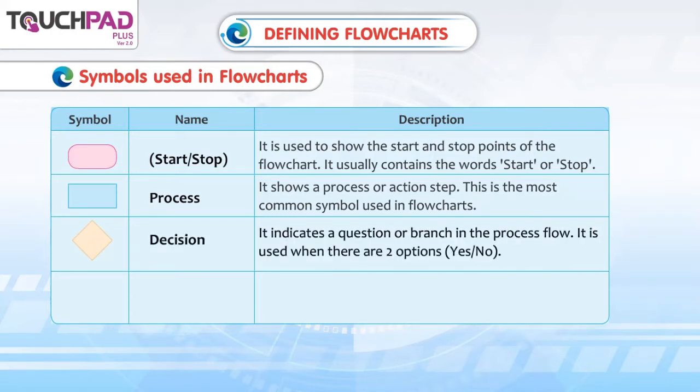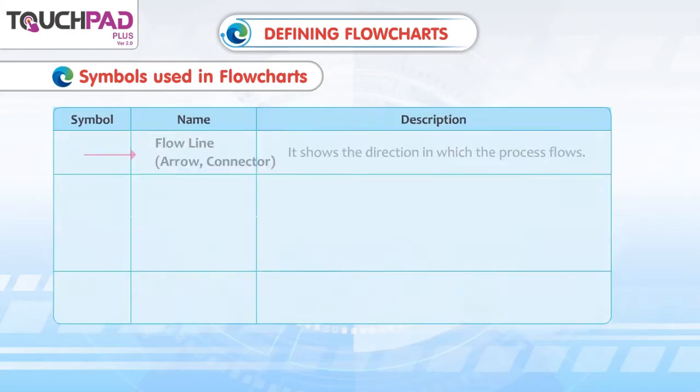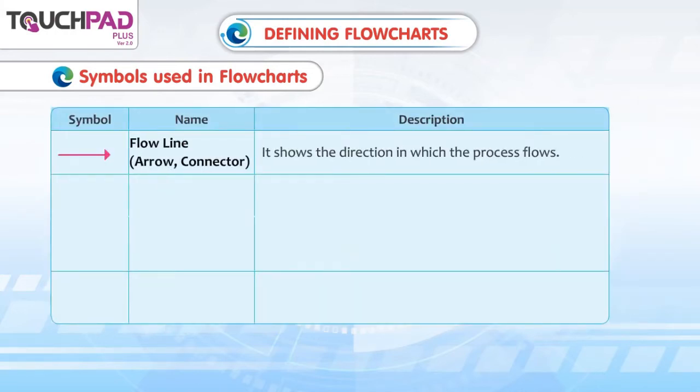Decision. It indicates a question or branch in the process flow. It is used when there are two options, yes or no. Input or output. It requires material or information entering or leaving the system, that is, input and output. Flow line, arrow, connector.